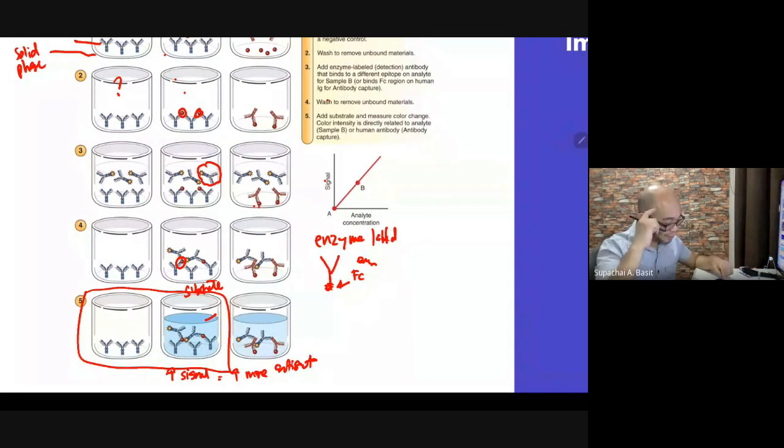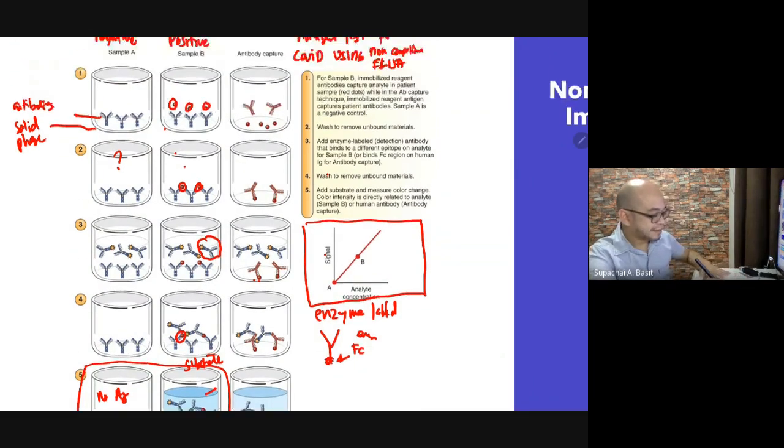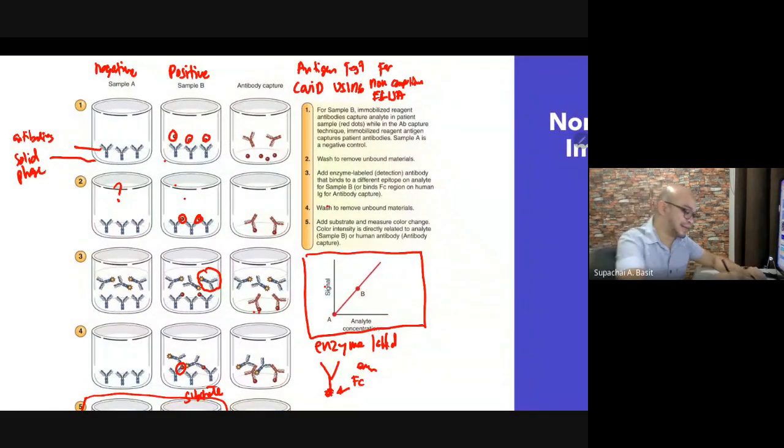Again, no immune complex is formed. The enzyme-labeled antibody will just be washed away because there is no antigen here, so you will not measure anything at all. This will be the graph, if antigen is being detected.